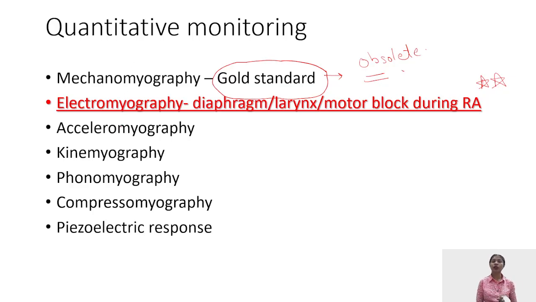Then we have acceleromyography and kinemyography, which see the kinetic potential and the acceleration potential of the muscles. Phonomyography: we have some very low frequency audible stimuli that are produced when a muscle fiber contracts. That is monitored, and analysis is done through an algorithm and we get a value. Then compressomyography and certain piezoelectric responses.